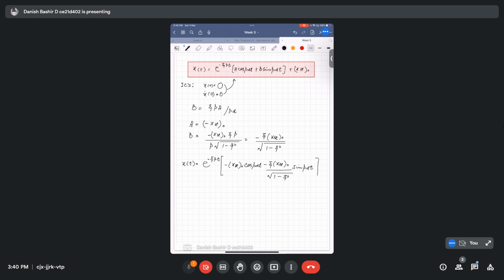Okay, when we rearrange all the terms, we get x of t as x static naught, taking x static naught common outside, times 1 minus e to the power minus theta pt, times cos pdt plus theta divided by root under 1 minus theta square times sin pdt.